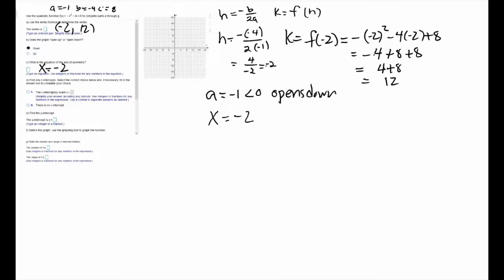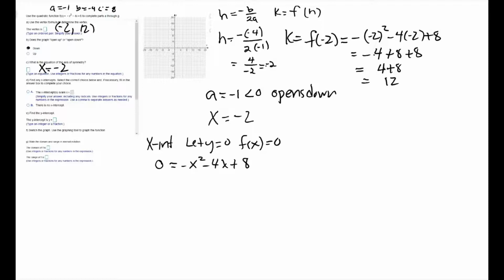The next part says find any x-intercepts. So to find an x-intercept, you let y equal 0 or f of x equal 0. So I'm setting my function equal to 0. 0 equals negative x squared minus 4x plus 8.